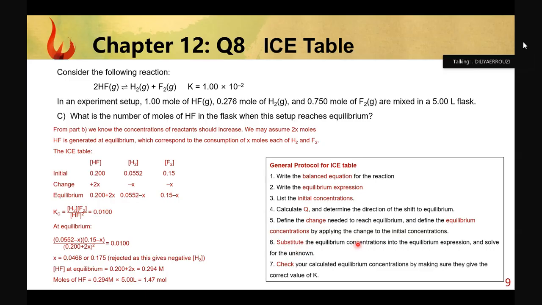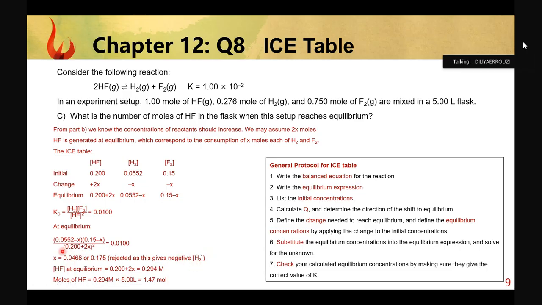Then substitute the equilibrium concentrations we calculated into the equilibrium expression. We can solve x equals 0.0468. This is rejected because when you move back, it will give a negative hydrogen concentration.